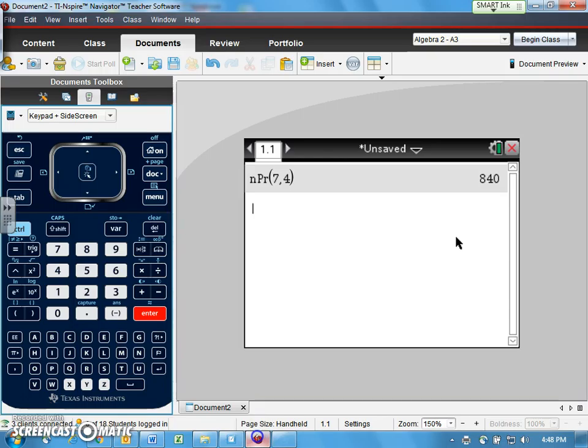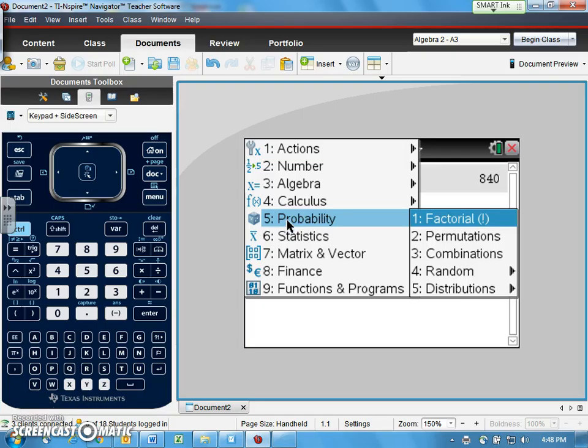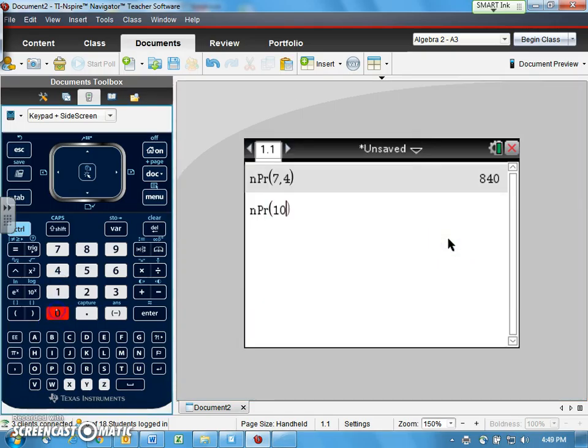So I'm doing, again, Menu. I'm choosing Probability. I'm choosing Permutations. And I have 1,000 objects, and I'm going to choose 3 of them. And so we have 997,002,000 ways that we can do that.